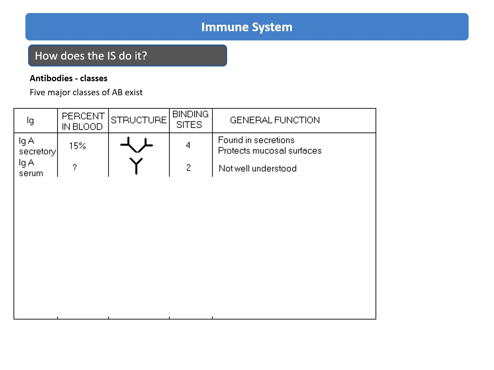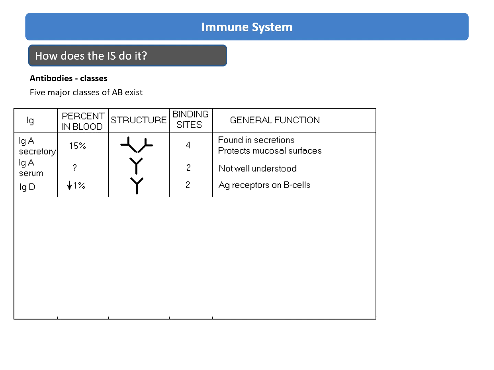Immunoglobulin A occurs in 2 forms, a secretory form and a serum form. The serum form is not well understood, but the secretory form makes up about 15% in the blood. It consists of 2 of the Y-shaped molecules, and so it would have 4 binding sites. It's found in secretions, and so doing it protects mucosal surfaces.